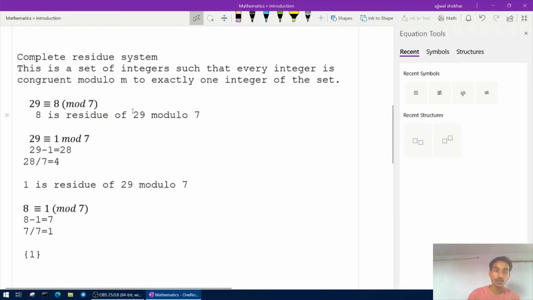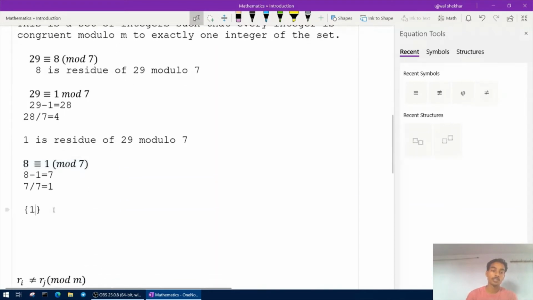If 8 is also in the same set, and 1 is also in the same set, it should not satisfy this condition: 8 is congruent to 1 mod 7. If this is satisfied, then you can't include both of them in the same set. So this is how it changes in a complete residue system.